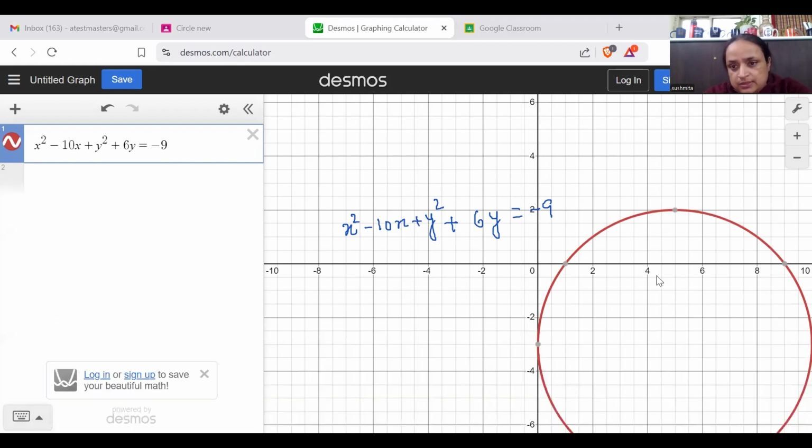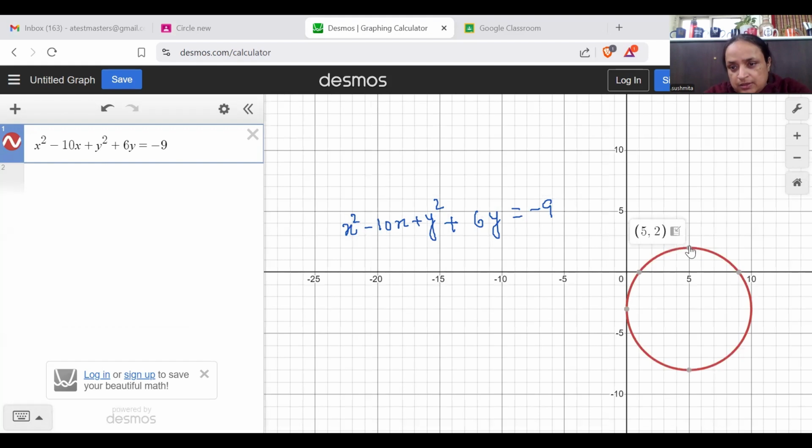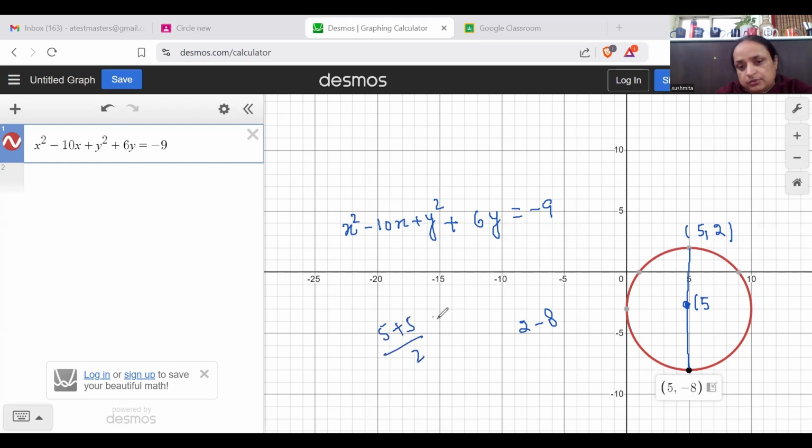Can you see the circle has appeared over here? Now you know this point, 5 comma 2, and here 5 comma negative 8. The midpoint of these is going to give you the center. So the midpoint would be 5 and (2 minus 8)/2: 5 plus 5 divided by 2 is definitely 5, and then minus 6 divided by 2 gives negative 3.